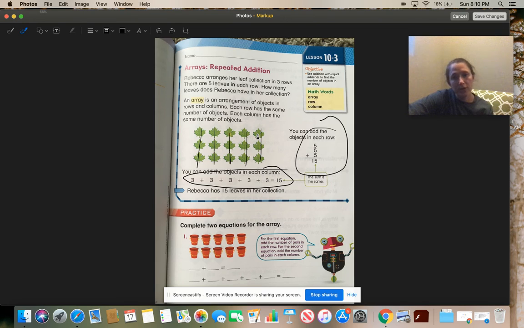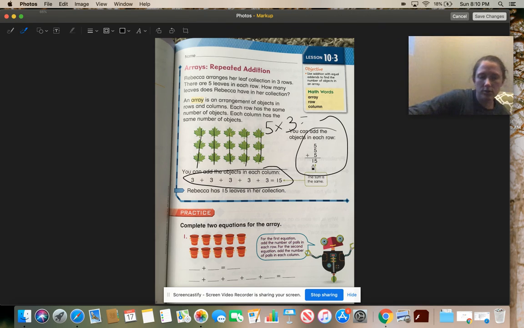Those are going to equal the same. So you could say I have 5 plus 5 plus 5, or if you want to use multiplication, you could say I have 5 times 3, because I have 5 three times. So 5 plus 5 plus 5 is the same thing as 5 times 3, which is 15.